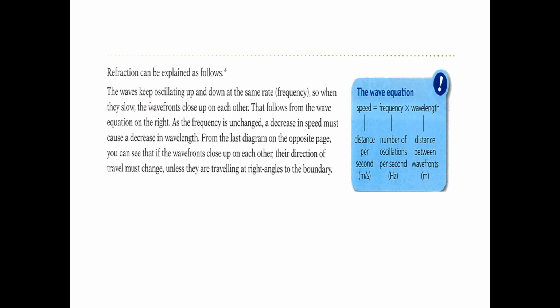Explanation of refraction, how can we explain refraction? First, in refraction the wave will bend, and in refraction we will have two mediums. For example, maybe we will have air and glass. Here the waves are moving in this way. The waves keep oscillating up and down at the same rate.